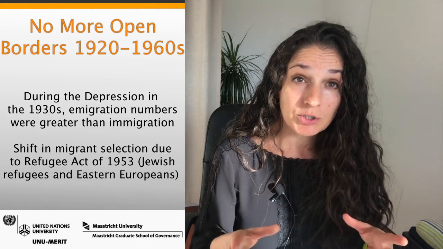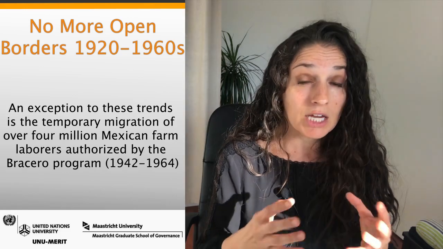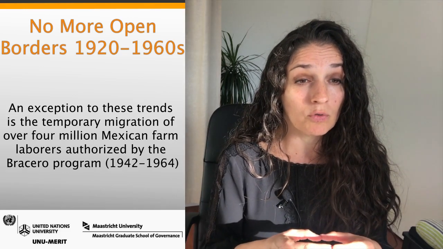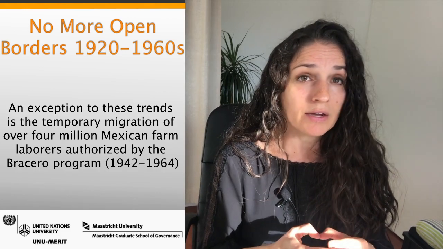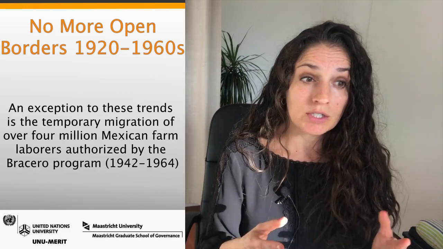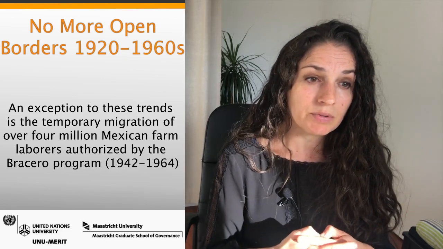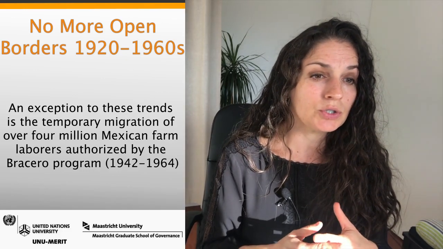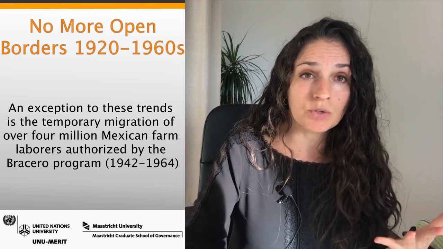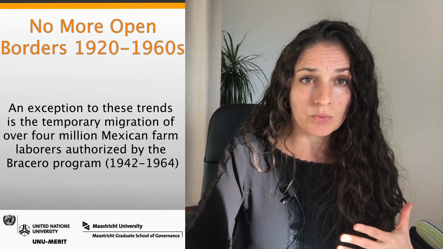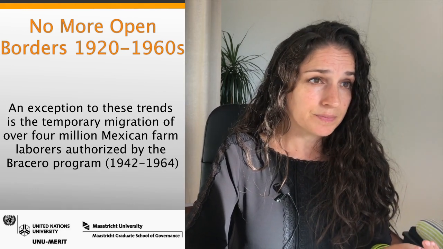Now, there was an exception to these trends at the time, and that was temporary immigration of over 4 million Mexican farm laborers coming to the U.S. through what was called the Bracero program, which was in place from around 1942 to 1964. This was the way that the United States was receiving lower skilled labor at the time.